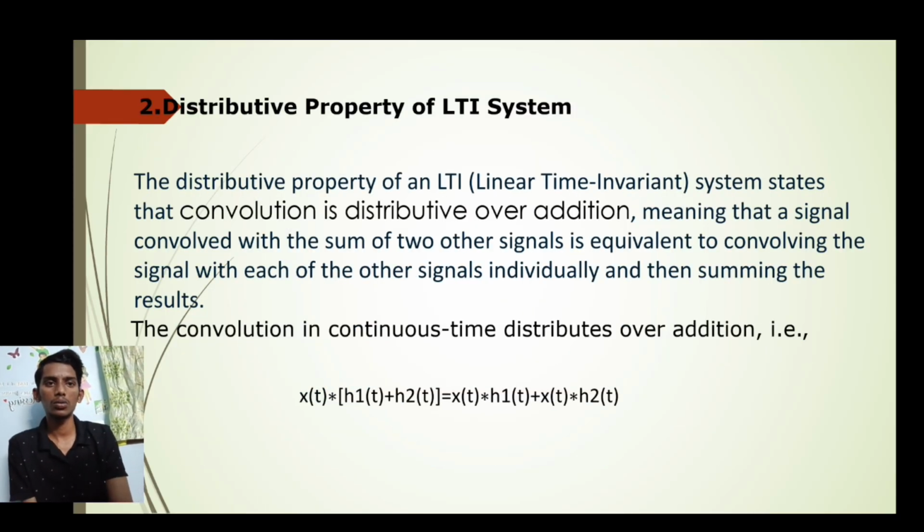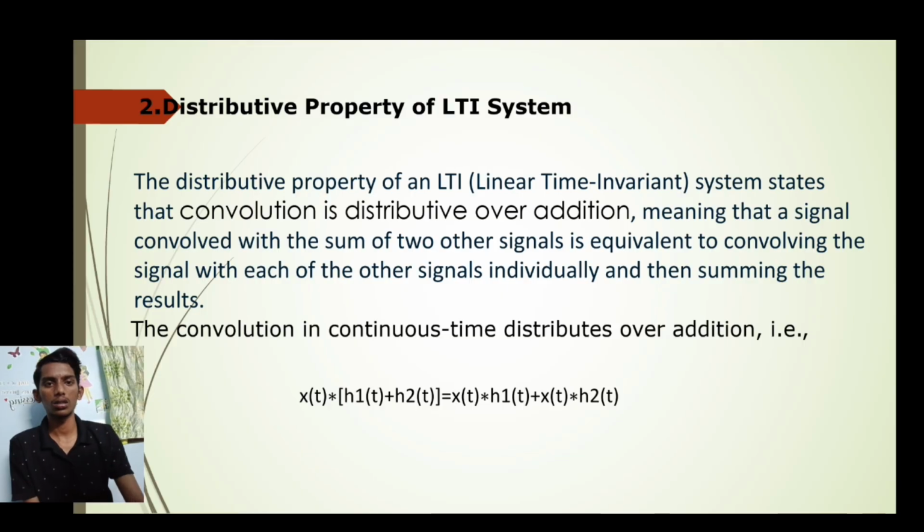Second one, distributive property of linear time invariant system. The distributive property states that convolution is distributive over addition, meaning that a signal convolved with the sum of two other signals is equivalent to convolving the signal with each of the other signals individually and then summing the results.